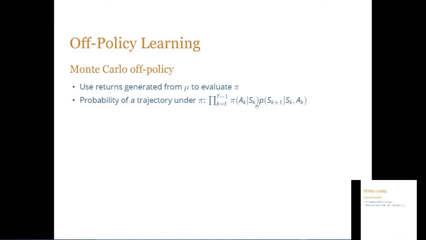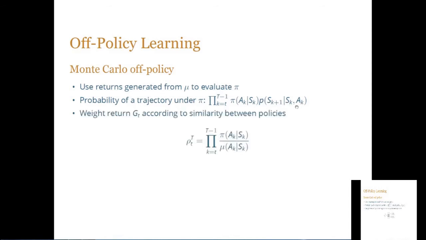Notice here that the model is here. This is telling the probability of going to the next state given the current state and action a. Now I can compute the importance sampling weight. This is the ratio between the target policy pi that I want to learn about and our behavior policy, mu.